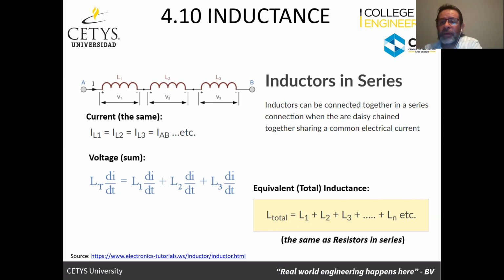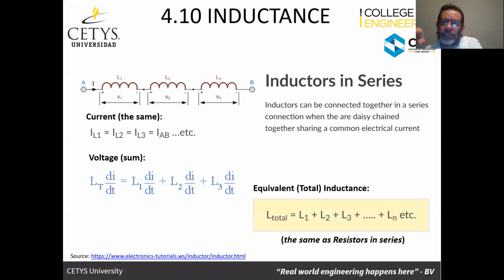Again, inductors in parallel behave exactly the same way as resistors in parallel. Actually, inductors and resistors have a sort of weird relationship with regards to current. Resistors have a certain effect on current when it's direct current, and when there's alternating current, that's where inductors come into play. We're going to see that in the next course.